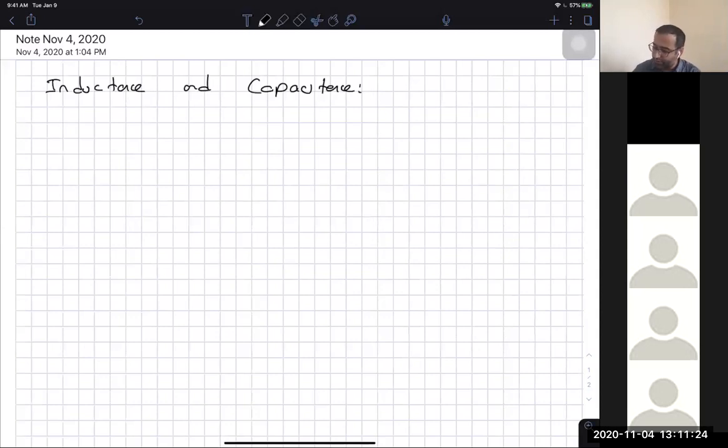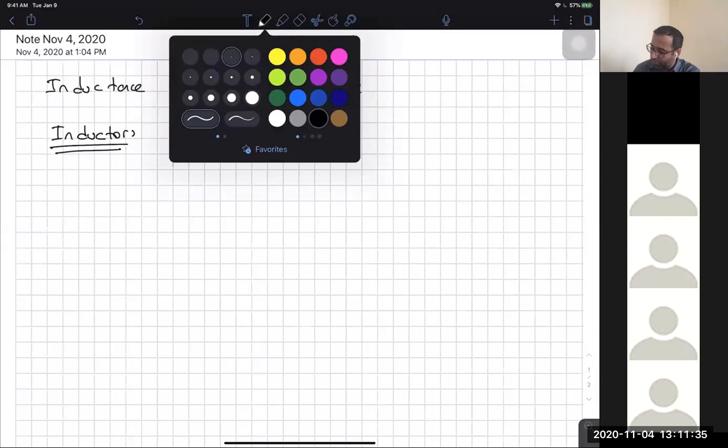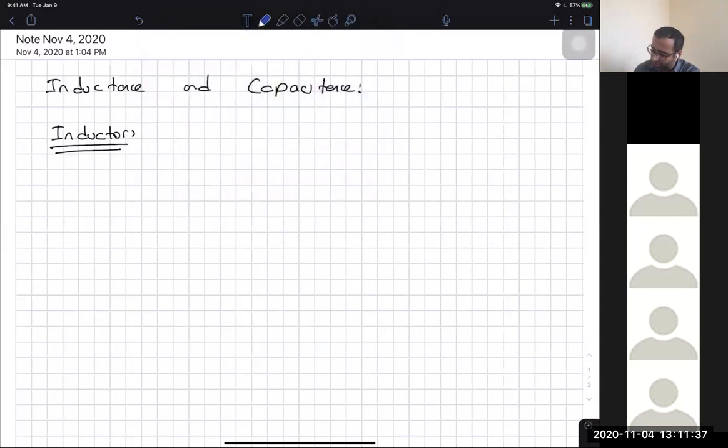So let's start with an inductor. I hope you can clearly see the screen. I can plot a circuit symbol for an inductor. This is how we represent an inductor, a component that you will place somewhere inside your circuit, depending on how you want to build it.